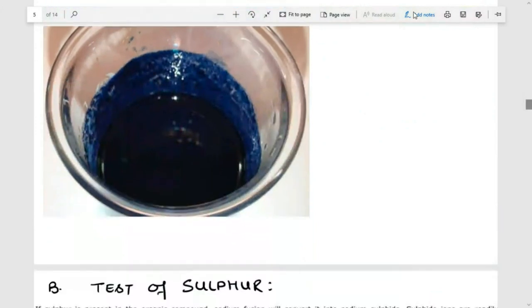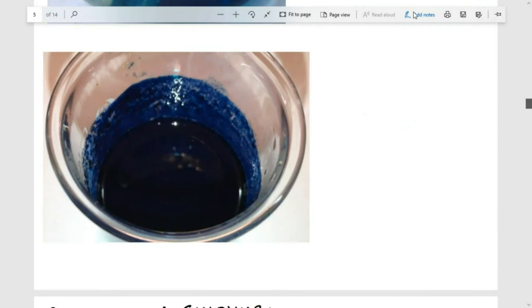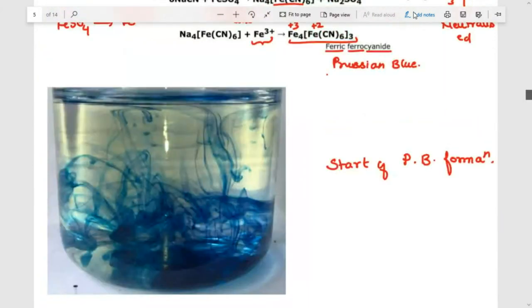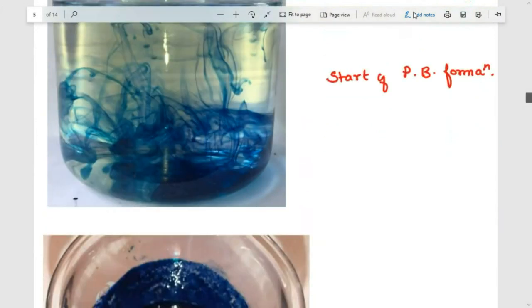And when the reaction has gone to completion and we have stirred it a lot, this is how the Prussian blue color will appear. So the appearance of this Prussian blue color in this test confirms that nitrogen was present in the compound. Clear? This is a very important Lassaigne's test.